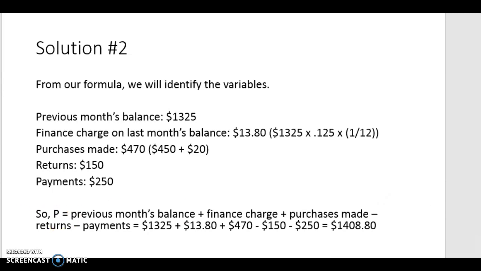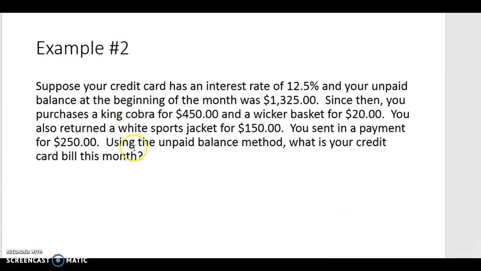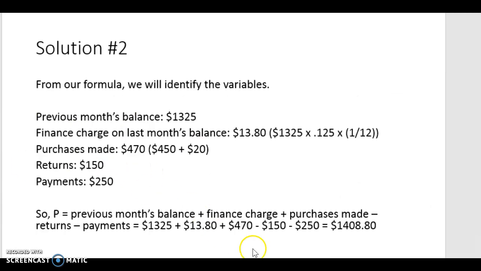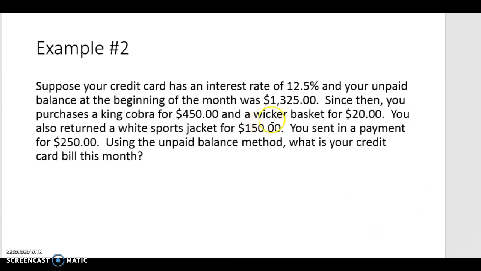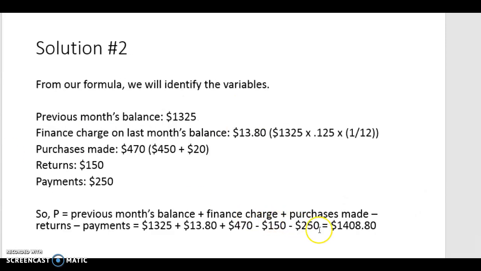So that is our P, and that is, going back here, that's our credit card bill for that month, right? So what did it go from? It went from $13.25 to $14.08. Good thing we returned that Miami Vice jacket.